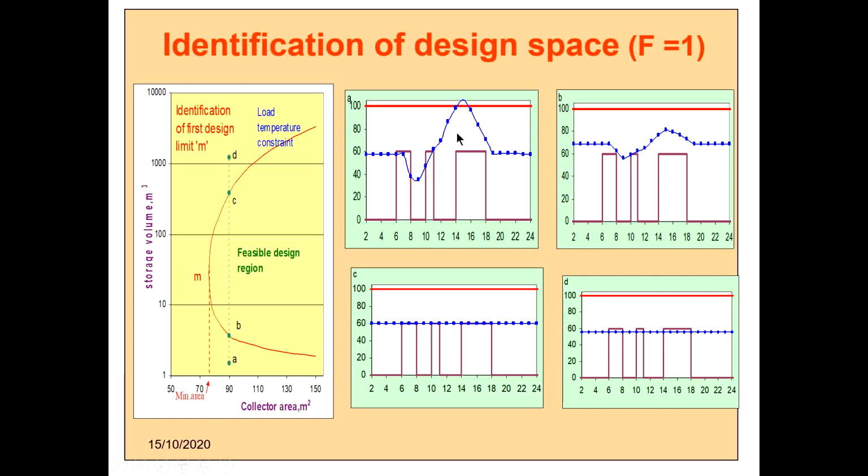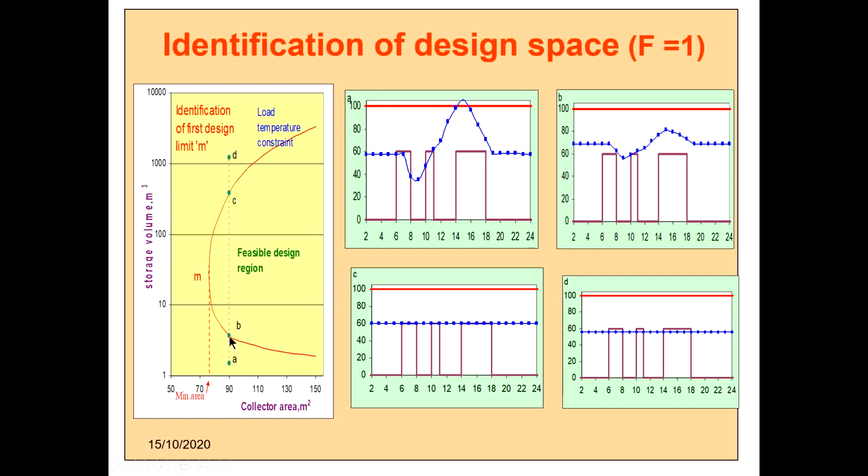Again, in the afternoon at 2 o'clock, the storage temperature is shooting above 100 degrees Celsius, so some steam is forming. So this design of 90 square meters collector area and corresponding storage volume is not acceptable, because the curve goes below the demand, and sometimes shoots up to the highest temperature of 100 degrees Celsius.